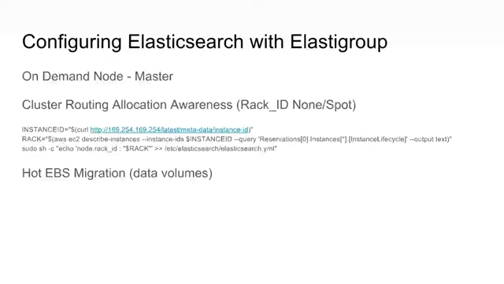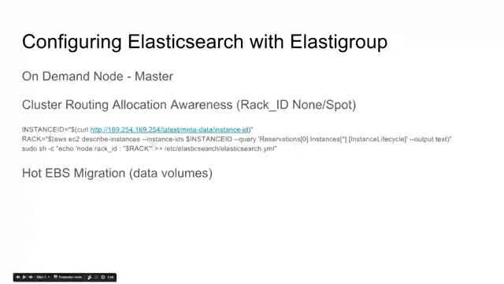We have cluster routing allocation awareness. So what I'm using is rack ID. And essentially, we have 2 different types of racks that I have configured. One of those is on-demand, and the other is spot, where you'll see none represents the on-demand instance, and spot represents the spot instance. And what I have here below is just some of the user data scripting that I have in place.